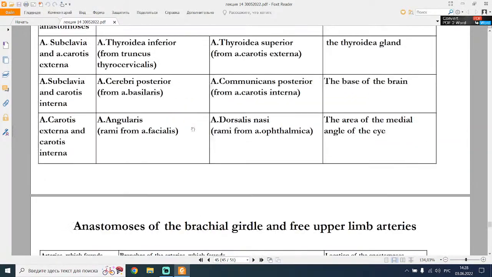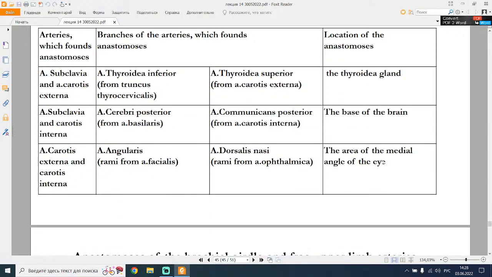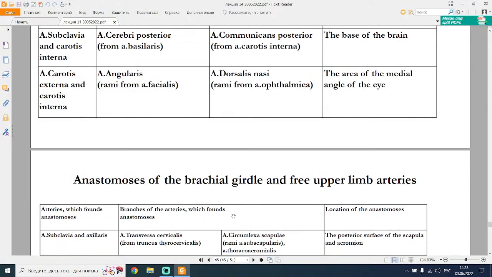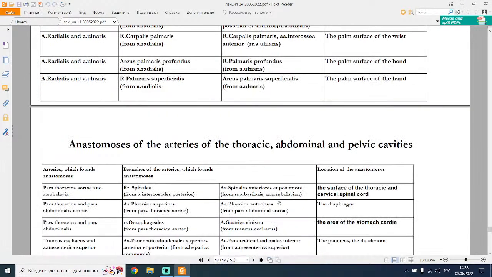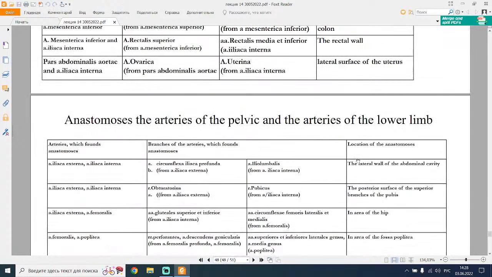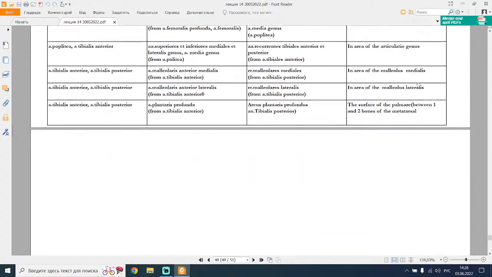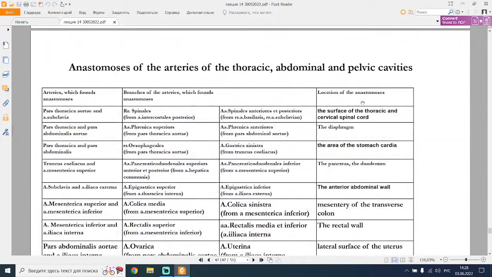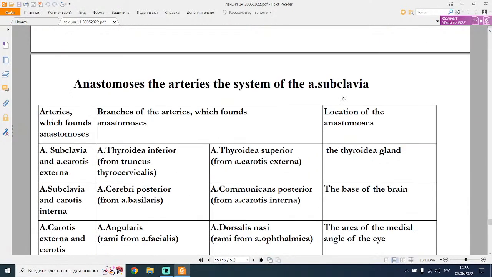This is anastomosis of arteries of the system of subclavia, anastomosis of the brachial girdle and the upper limb arteries, anastomosis of arteries of the thoracic, abdominal, and pelvic cavities, and anastomosis of the arteries of the pelvis and the arteries of the lower limb. It is information about anastomosis. This information is for you.